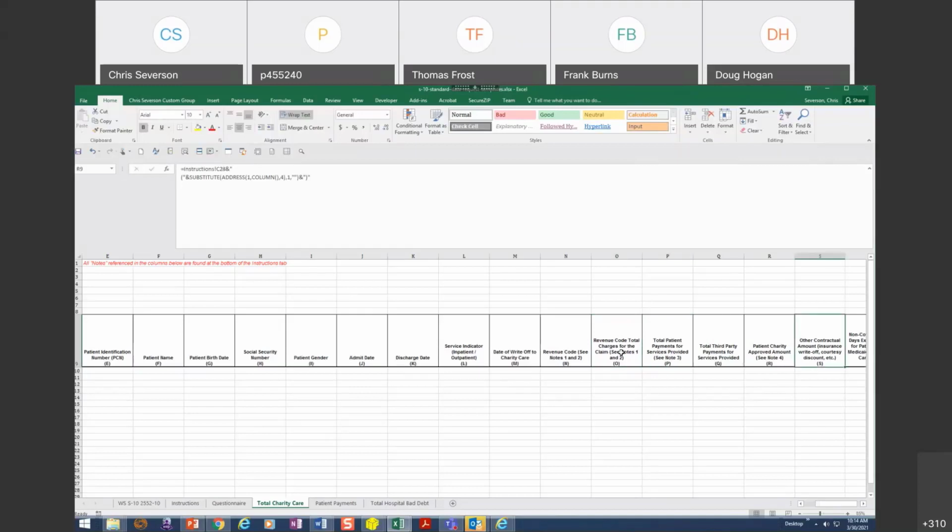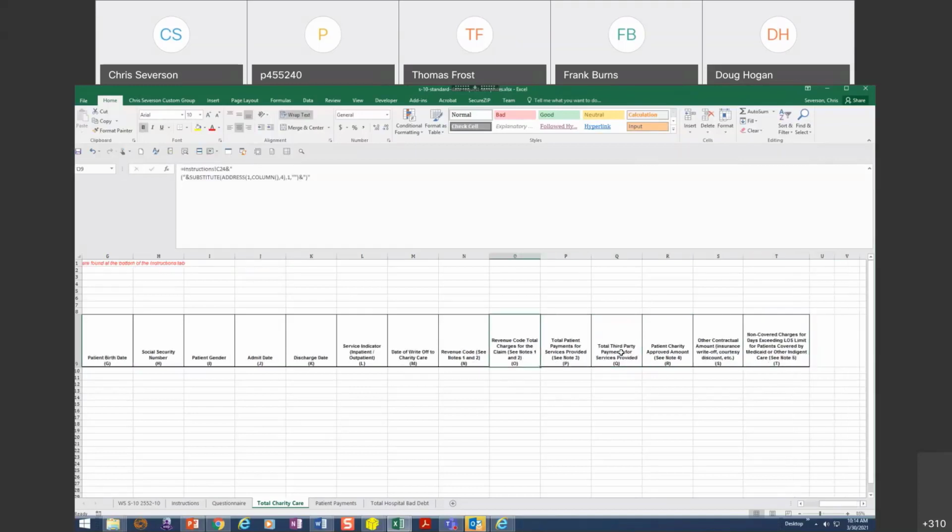But what that was saying was that O, the total charges for a given claim, should generally equal patient payments, third-party payments, patient charity care approved amount, and then really other things like insurance write-offs, courtesy discounts, things that were not allowable. So if you have these charges, where do they go? What's the ultimate disposition of those charges? That's really what that's saying.